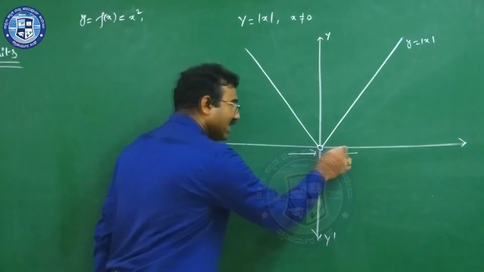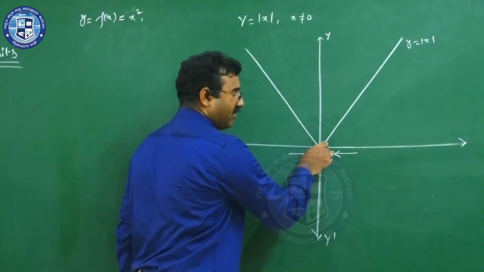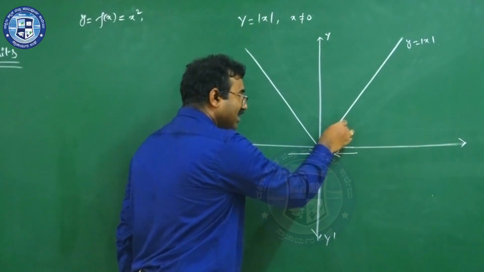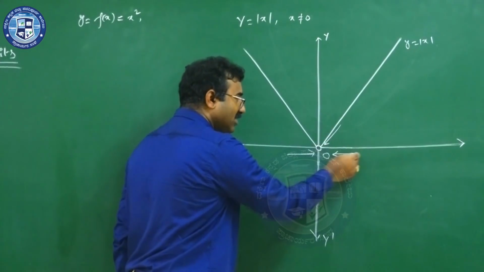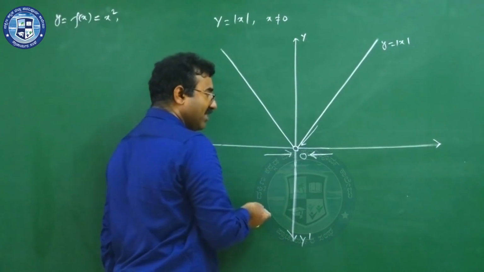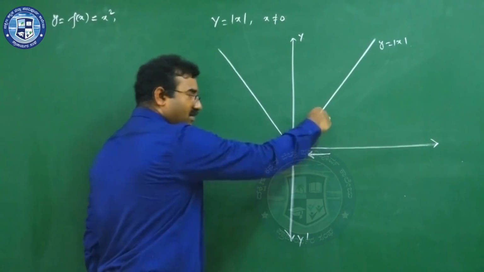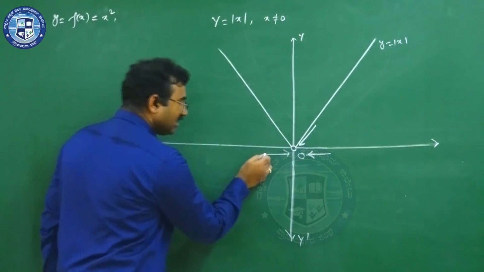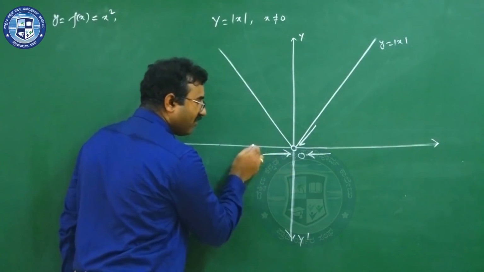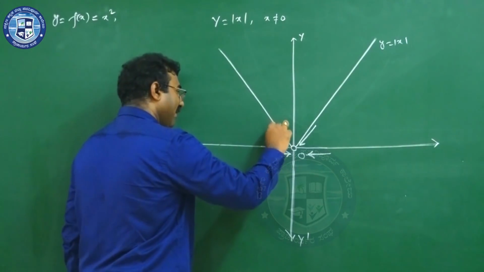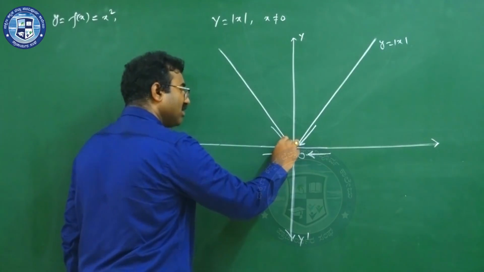When you are coming close to 0 from the right side, the y value is coming close to 0. And the same way when x is coming close to 0 from the left, the y value is also coming close to 0.